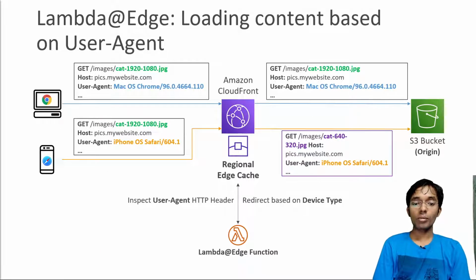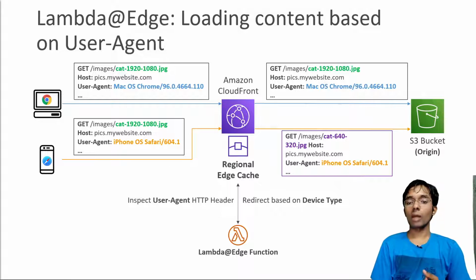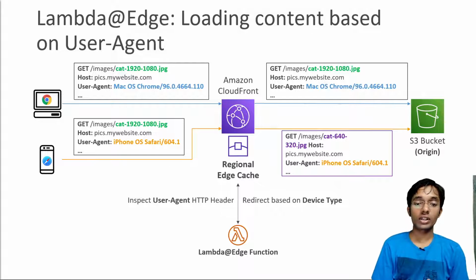Now another very common use case for Lambda@Edge is to load content based on the user agent. So we have an S3 bucket on Amazon Cloud with Amazon CloudFront and a regional edge cache, and we have users accessing it from desktop, and others accessing from mobile.